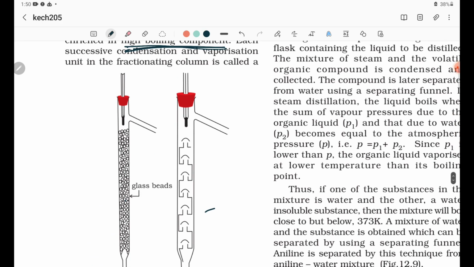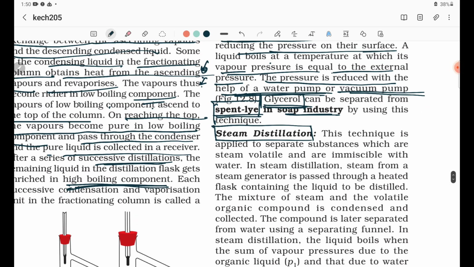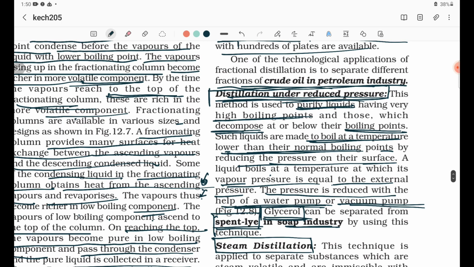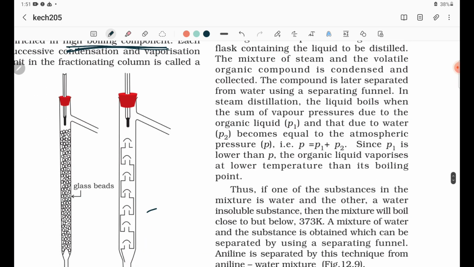If we study from any other book, the diagram will only nearly match, because other books may have different diagrams and different examples, but in NCERT these examples are given, so there is a high chance that questions come from these examples only, such as what type of purification method is used to separate spent lye from glycerol. Then you need to give distillation under reduced pressure. 4 options will be given.